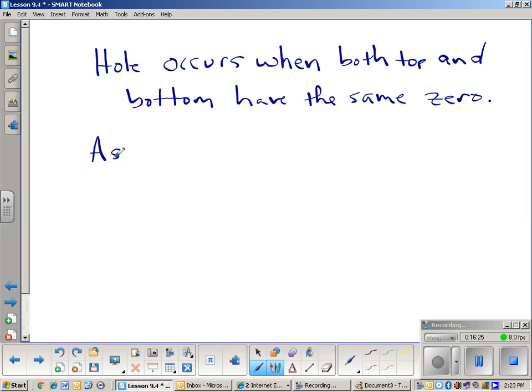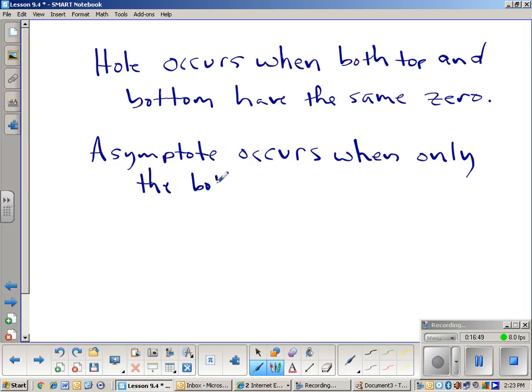An asymptote occurs when what? When only the bottom has the 0.